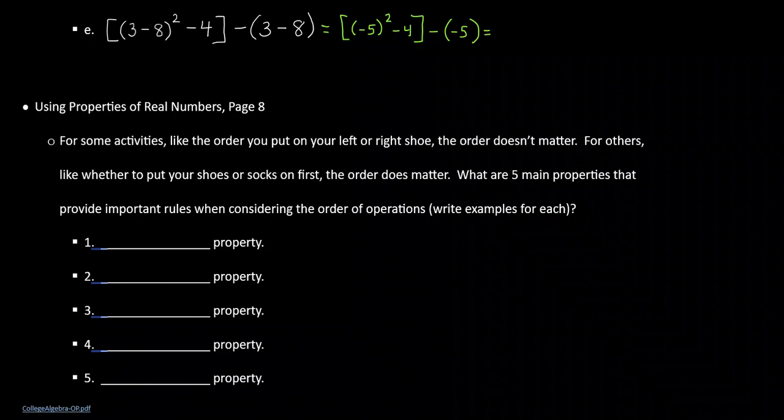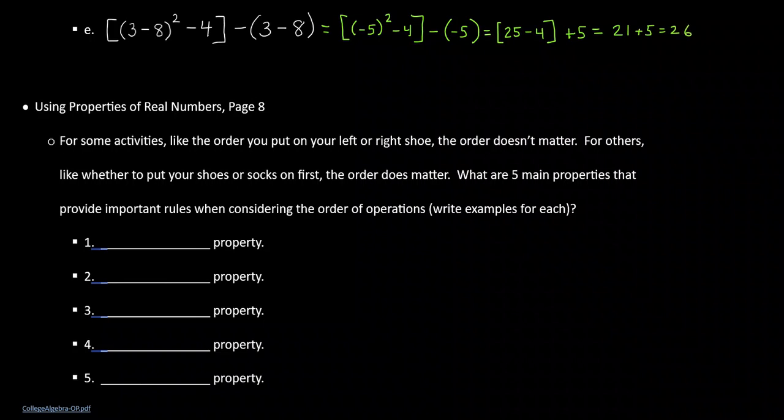And then now we can continue in this area and do negative 5 squared. And you want to be careful not to do too many things at once so you don't get confused. And then here we have a negative and another negative, so that's a plus 5. And now we can do our 25 minus 4 is 21. And the final answer is 26.